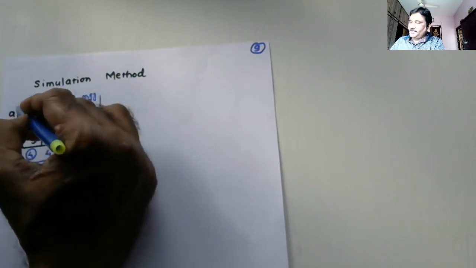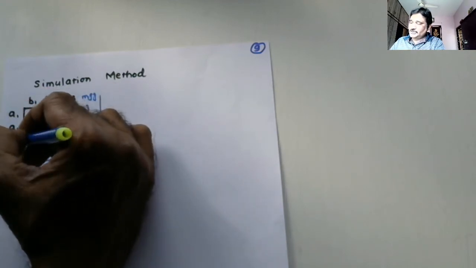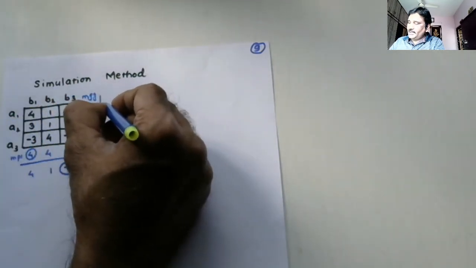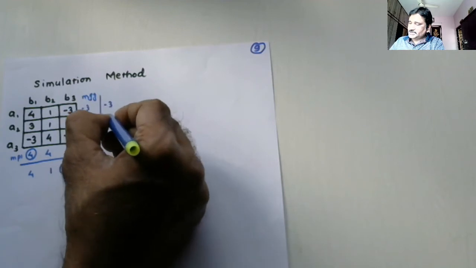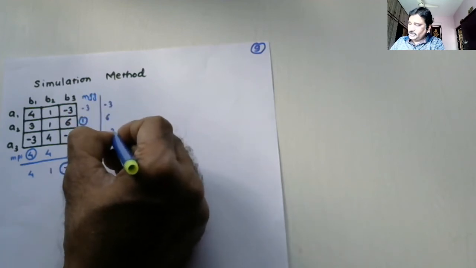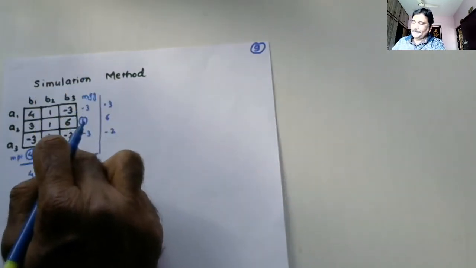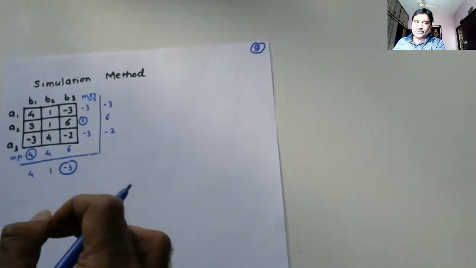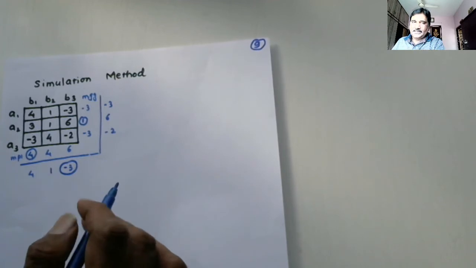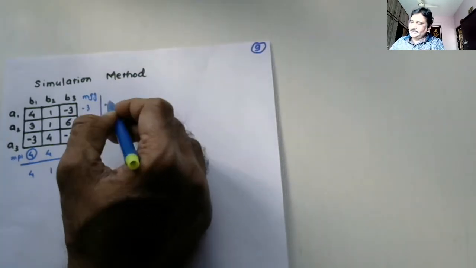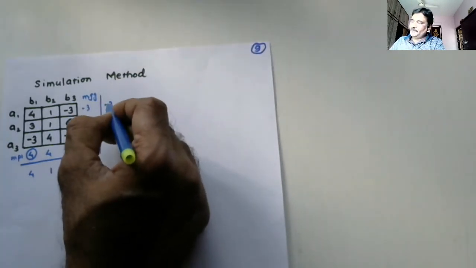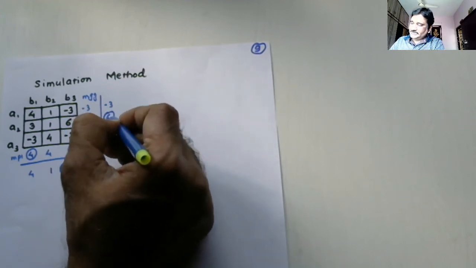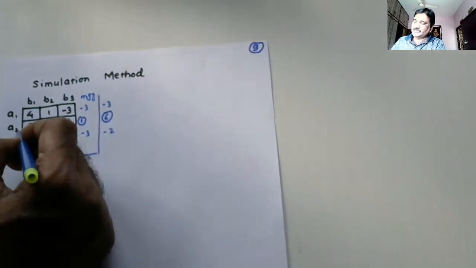Now depending upon what is chosen by player A, the gains to player A will be minus 3, 6 and minus 2. I am taking the values from here because player B has selected to play B3, and depending upon the choice made by player A, the gains are here. So player A will be selecting to play A2 because he finds that in selecting A2 he is gaining the maximum.